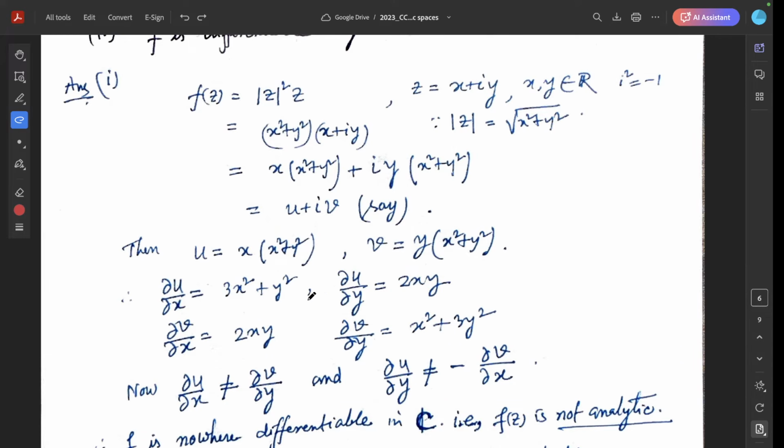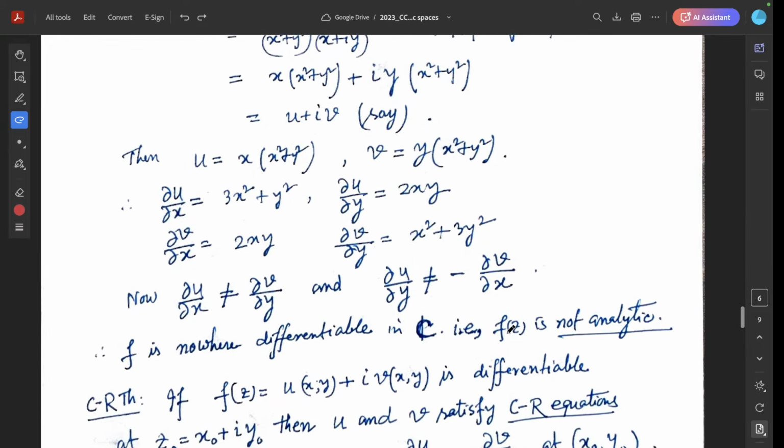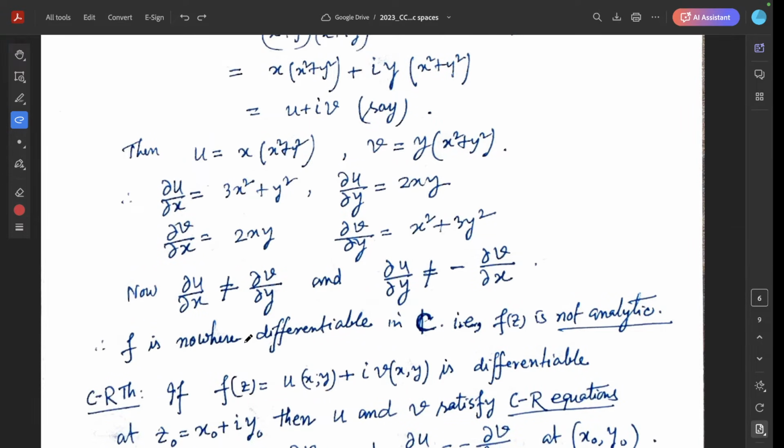Find del u del x, del u del y, del v del x, and del v del y. Clearly, del u del x not equal to del v del y, and del u del y not equal to minus del v del x. Hence, f is nowhere differentiable in the complex plane C, and that is f of z is not analytic on C.